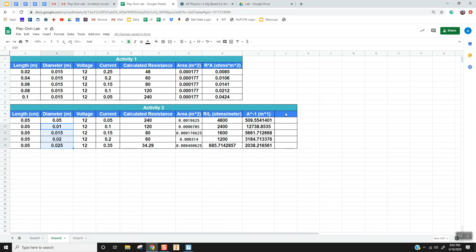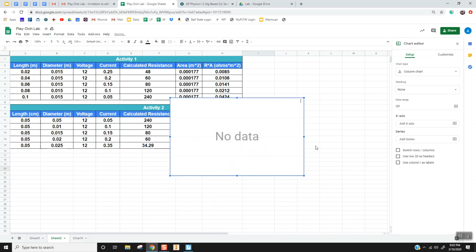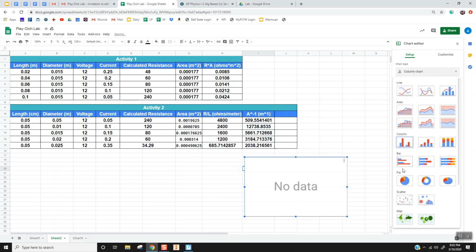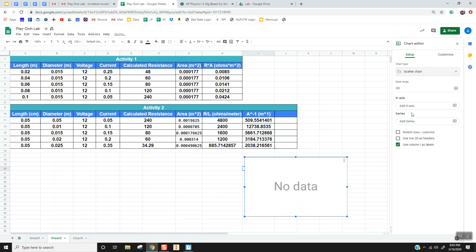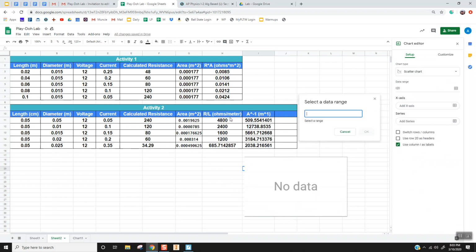Now let's try graphing this. I'm going to go ahead and insert a chart. I'm going to insert my y-axis data first, so we go to chart type, scatter, series. What is going to go on my y-axis? That's going to be ohms per length.